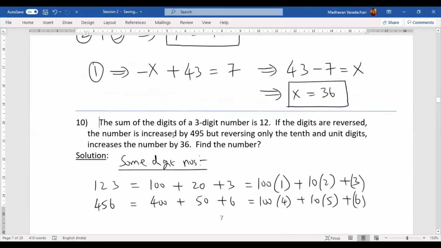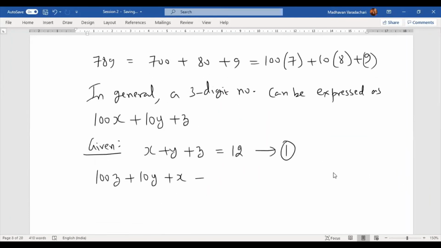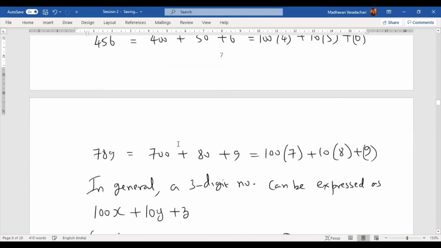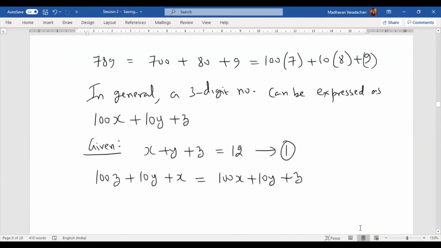If the digits are reversed, what is that number? The number is this. What it says is, the number is increased by 495. This number is increased by 495. So I can rewrite this as 100z.